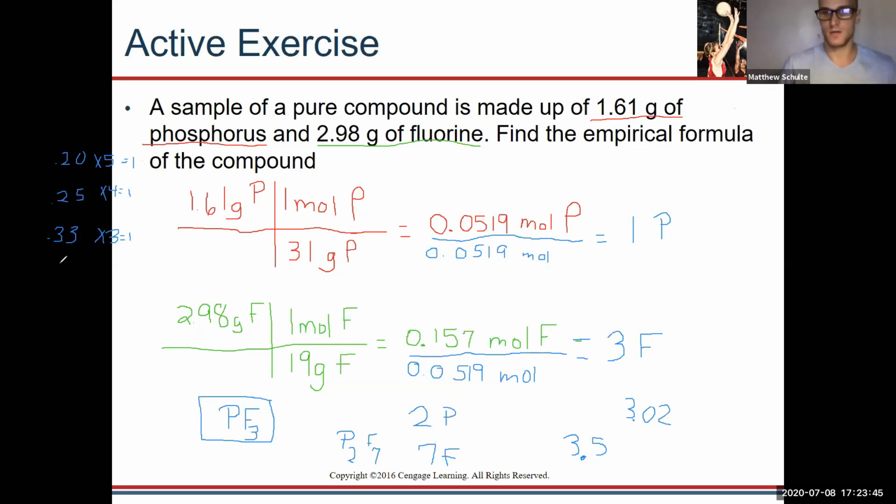So we said if we have 0.5 times 2, that's going to equal 1, right? So if you have these decimals, then you multiply by these numbers to make it a whole number. You guys get that? Okay, so now keep this in mind as we talk about this.